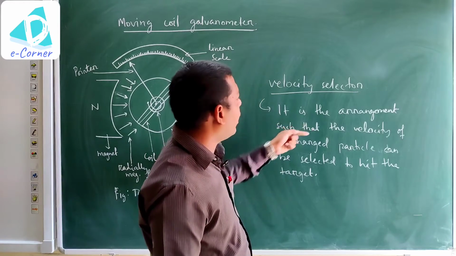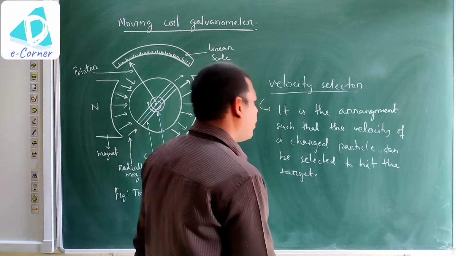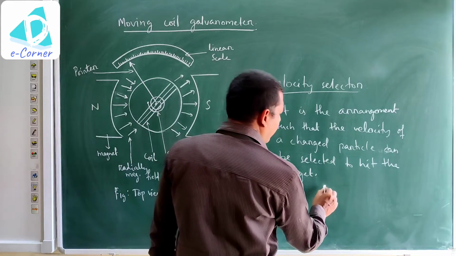So it is the arrangement so that the velocity of the charged particle can be selected to hit the target, and it can be calculated in this way.